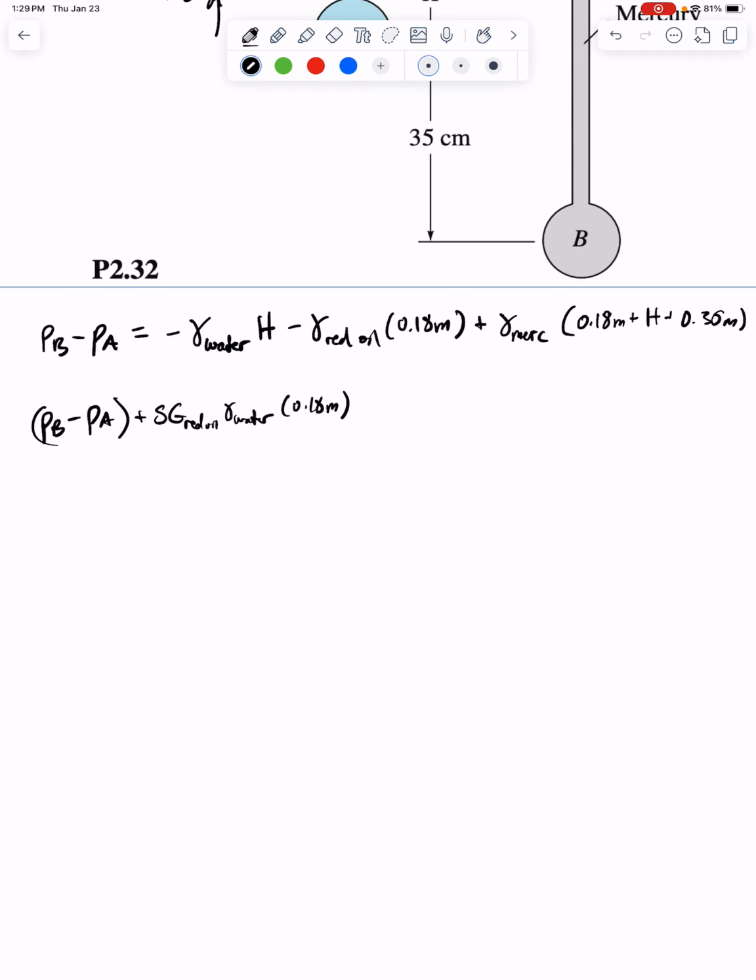I'm going to move the mercury term over, so minus specific weight of the mercury times 0.53 meters. And that's equal to negative specific weight of water times H plus specific weight of mercury times H. I'm going to isolate for H and rearrange the equation one last time to isolate it.